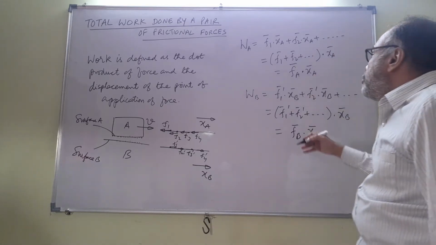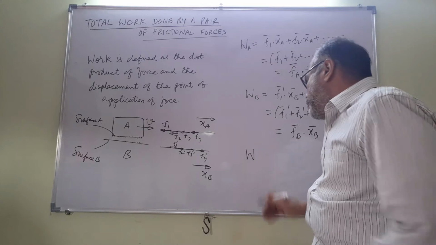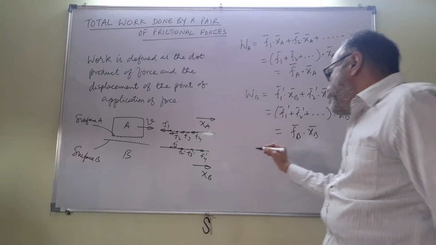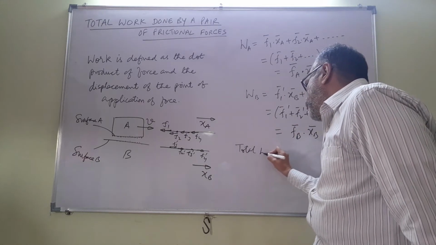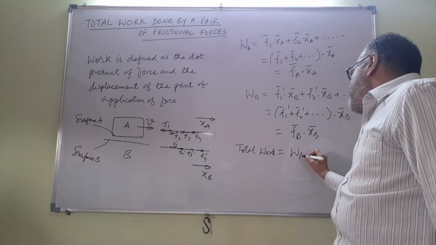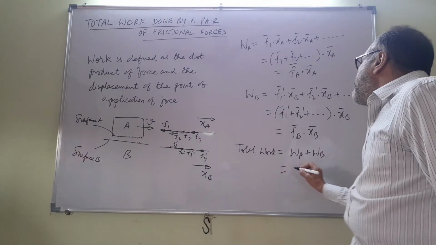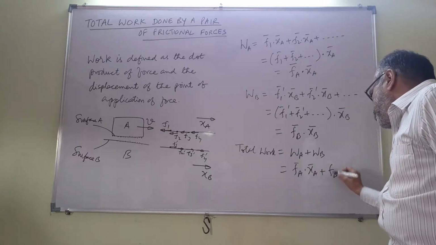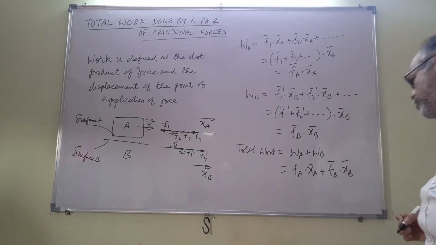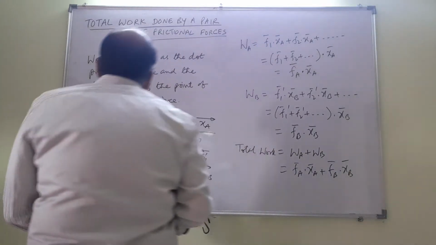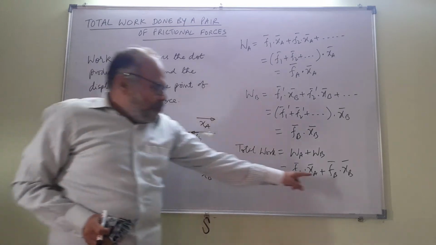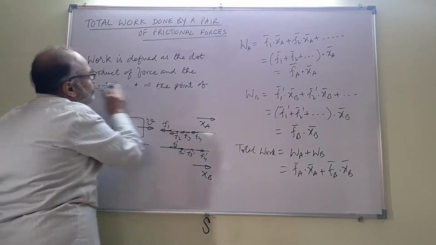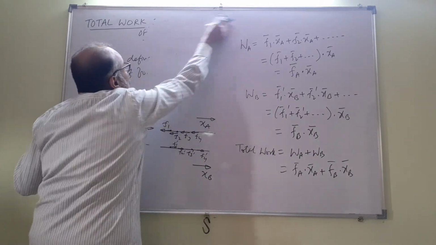Now we want the total work by this pair FA and FB. So the total work would be WA plus WB, that is nothing but FA dot XA plus FB dot XB. Now by Newton's third law, FB is equal and opposite to FA. So I can substitute minus FA for FB.